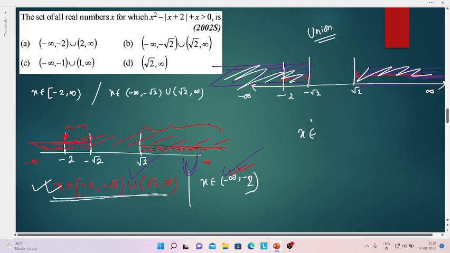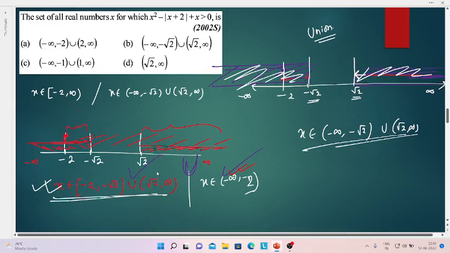So the solution of this particular question will become minus infinity to minus root 2, which is an open interval, union root 2 to infinity, which will also be an open interval because the symbol here does not include root 2. So this is the actual solution.